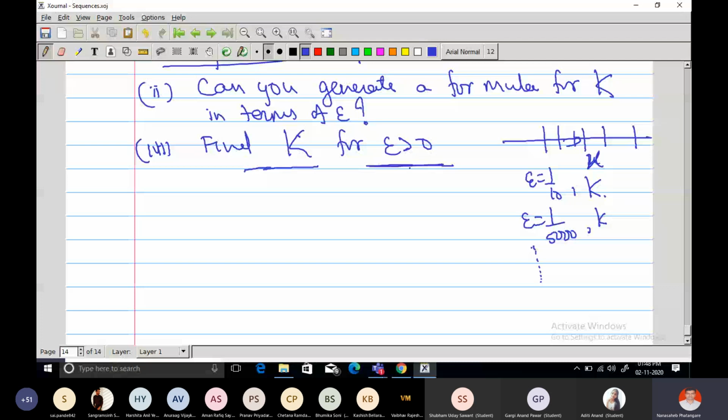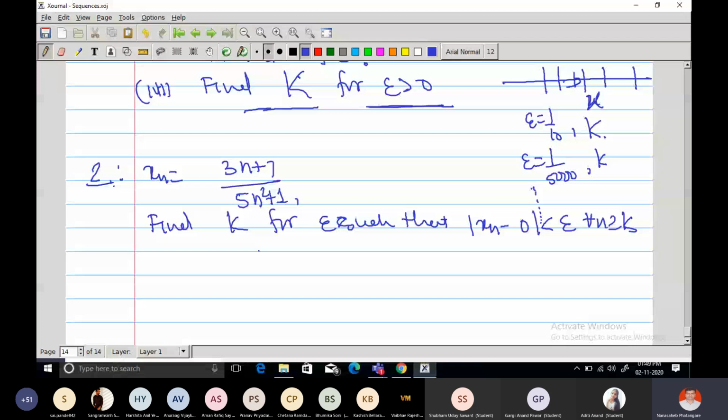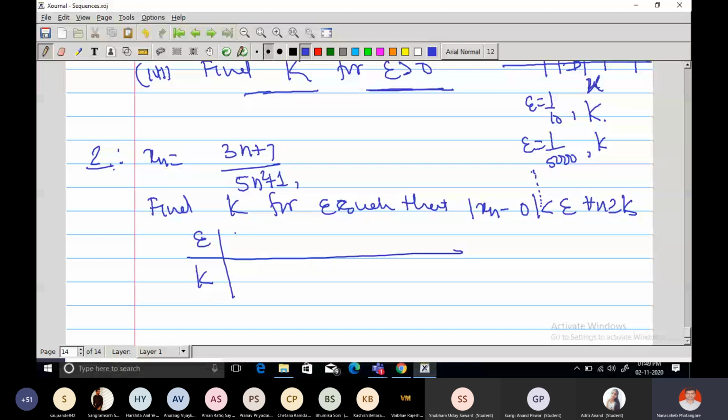So xn minus 0 is less than epsilon for all n greater than or equal to k, where k depends on epsilon. I'm giving you some values of epsilon: 1 by 3, 2 upon 151, 3 upon 357, and so on.